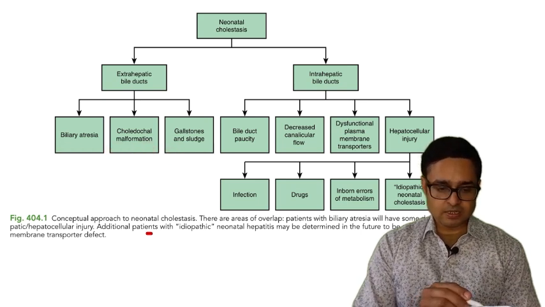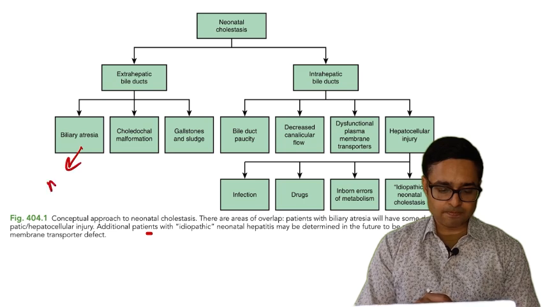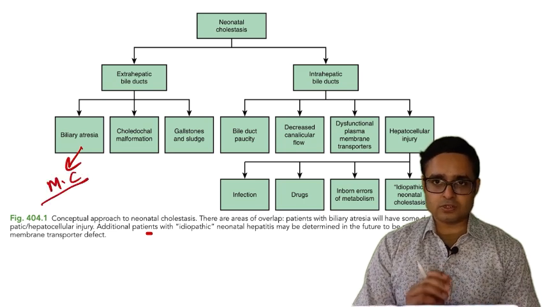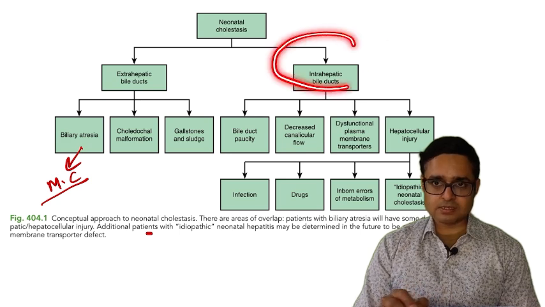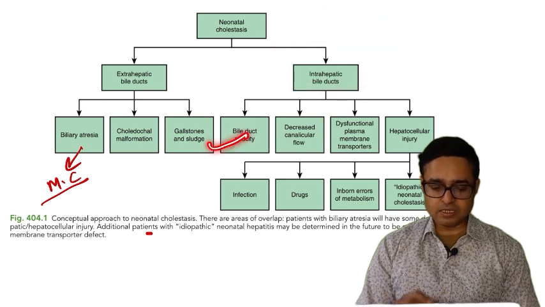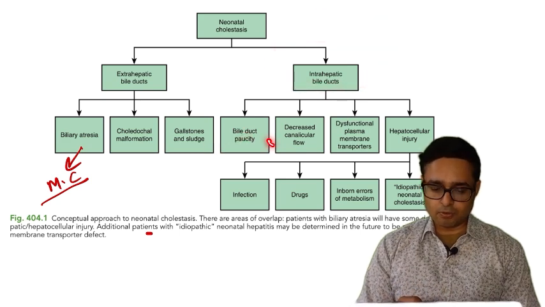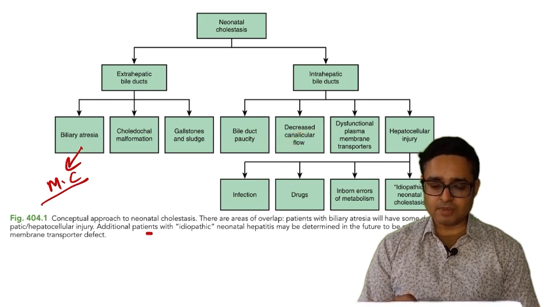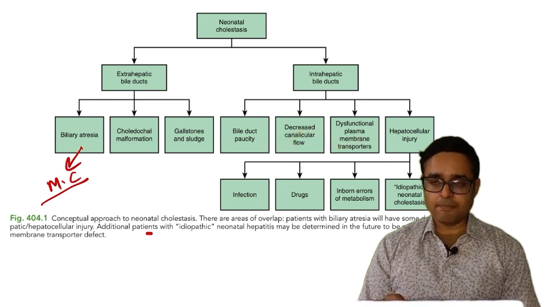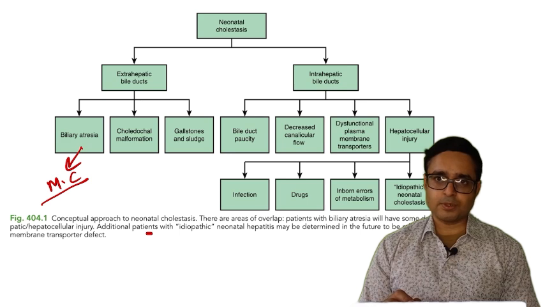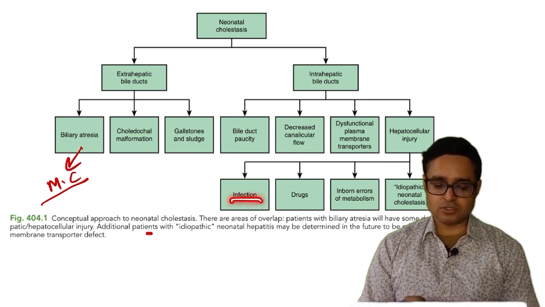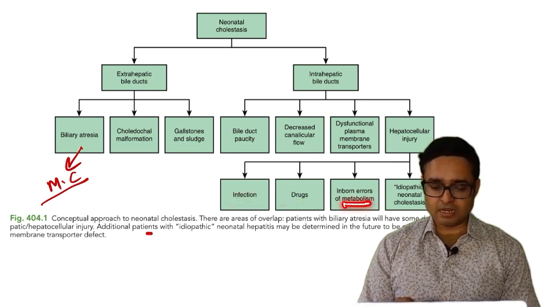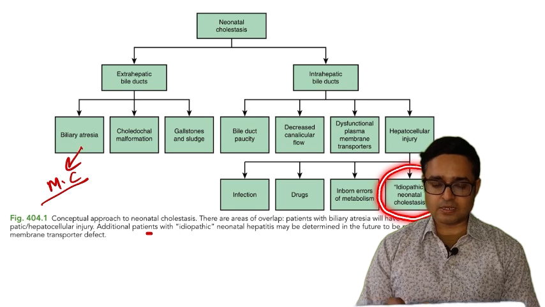Biliary atresia is the most common among them. So extrahepatic causes are most common. Intrahepatic causes are bile duct paucity, decreased canalicular flow, dysfunctional plasma membrane transporters, and hepatocellular injury, which can be due to various causes: infection, drugs, inborn errors of metabolism, or idiopathic neonatal cholestasis.